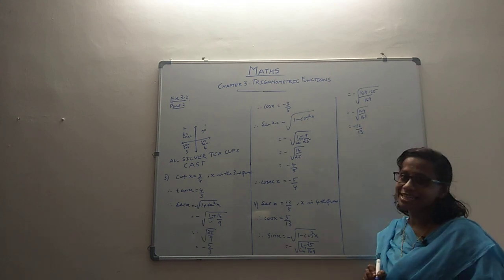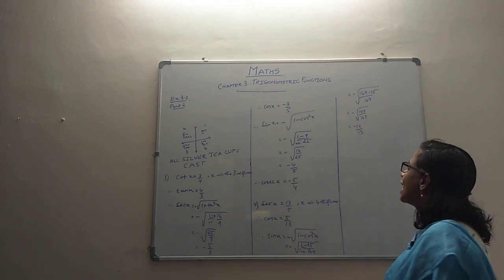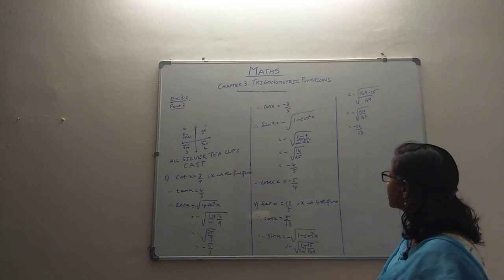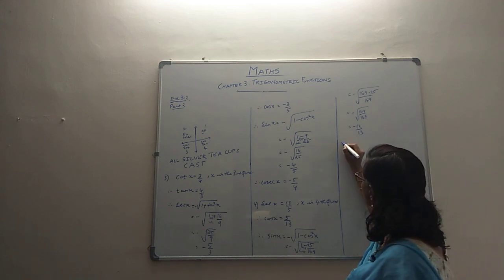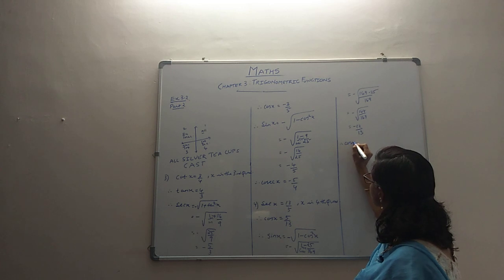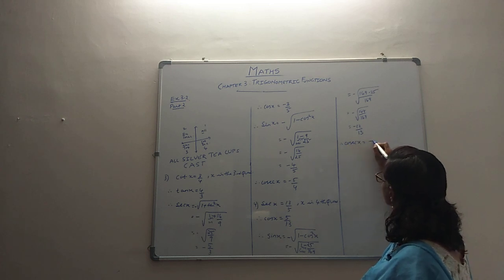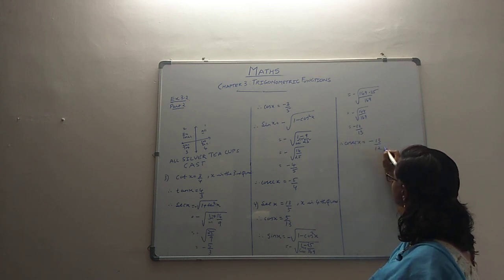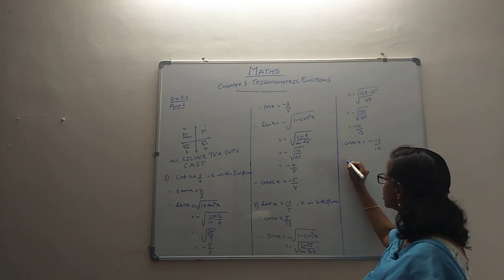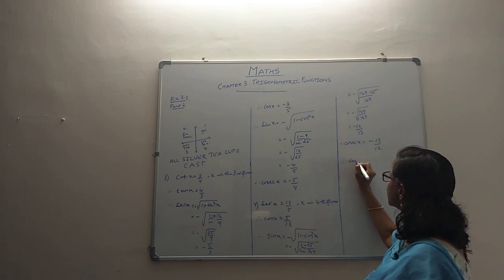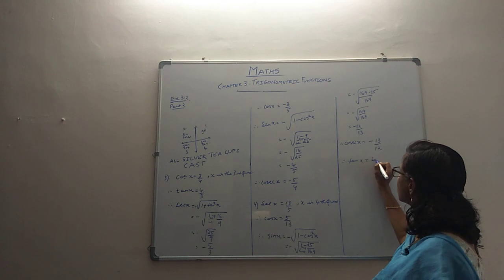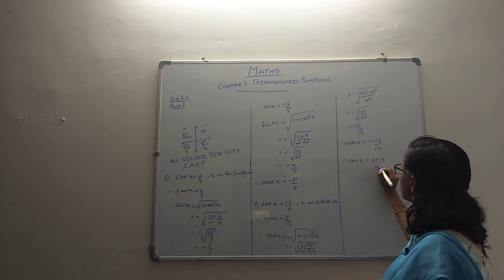So you're getting the sin x value as minus 12 by 13, and having got this, we can also find out the cosec. So the cosec x, because it is in the fourth quadrant, is going to be negative, and it is minus 13 by 12. Now having got this, it is customary to find tan x by taking the ratio of sin x and cos x. So we can have sin x by cos x.